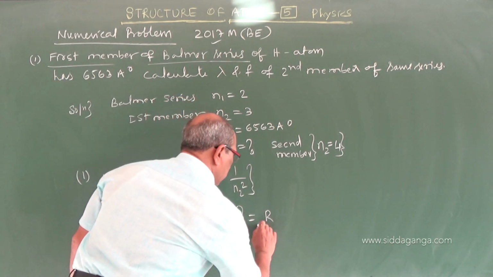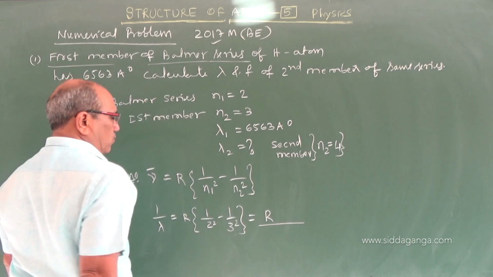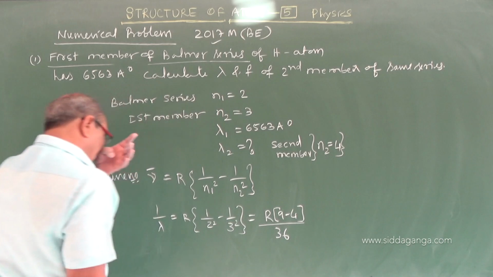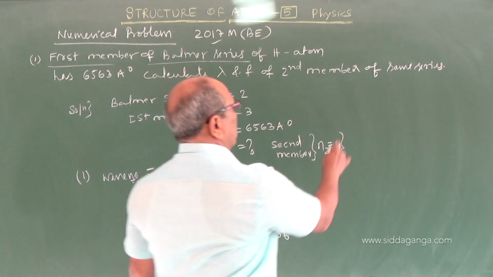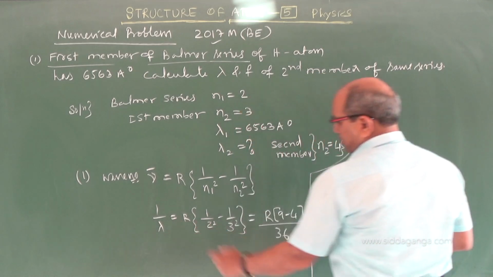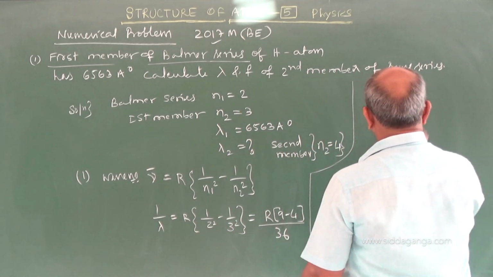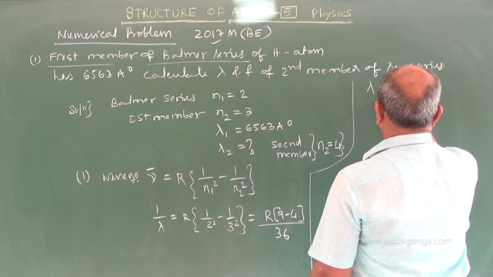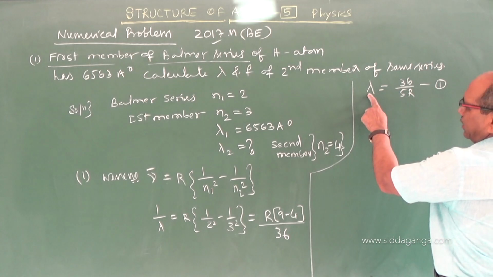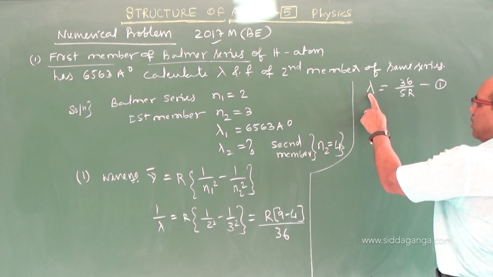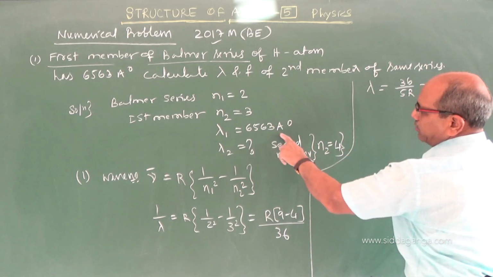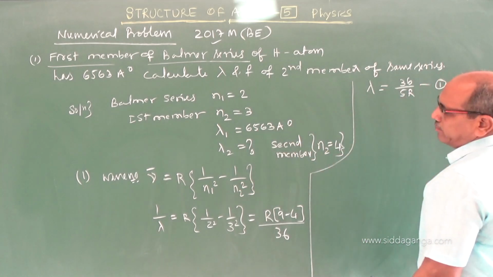So taking the common LCM of 9 and 4, 36, and 9 minus 4, I get lambda equal to 36 by 5R. This is equation 1. I can calculate R from 36 by 5 into lambda given. Lambda is already given as 6563, as lambda 1.